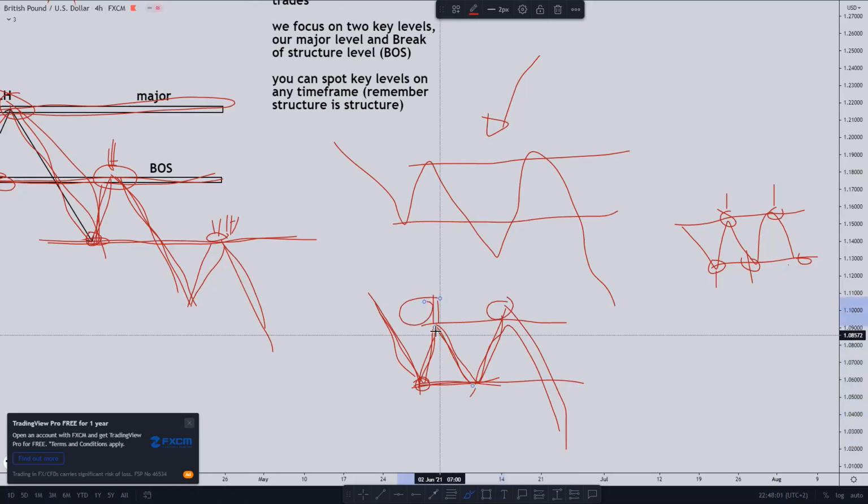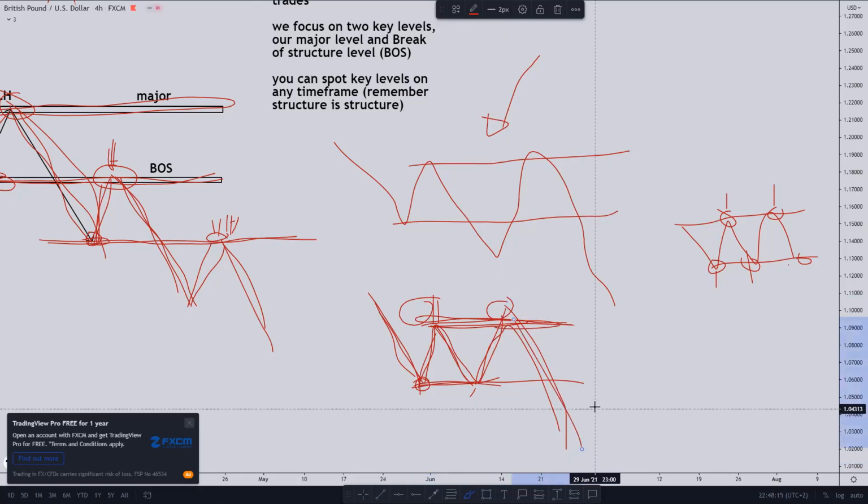So when the price comes back to this major key level and our lower highs, that's when we look for a double top, and then we start selling, right? So on a major level, that's where mostly you're going to be selling at double tops, right? And then on a break of structure, that's where you're going to be selling a lower high most of the time.